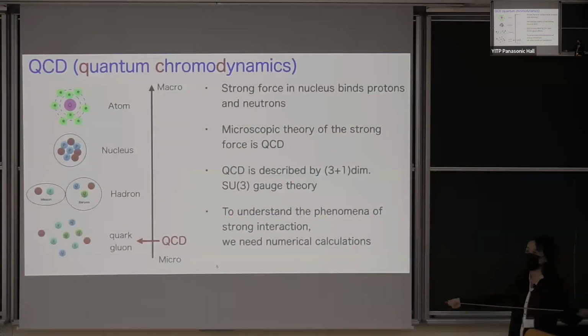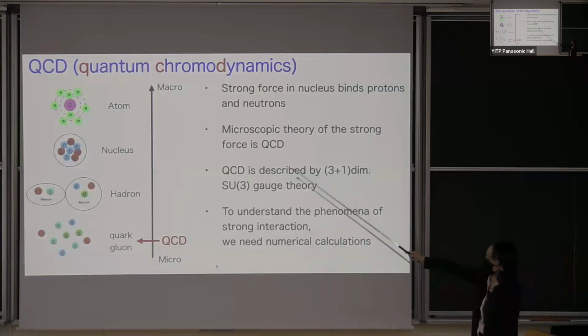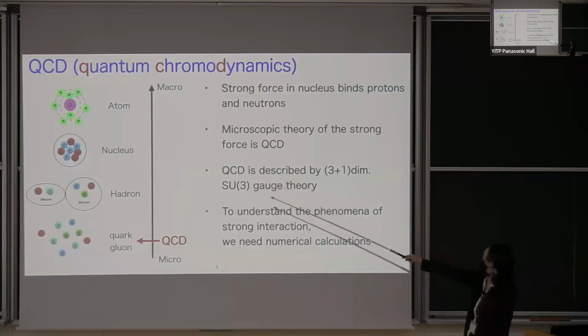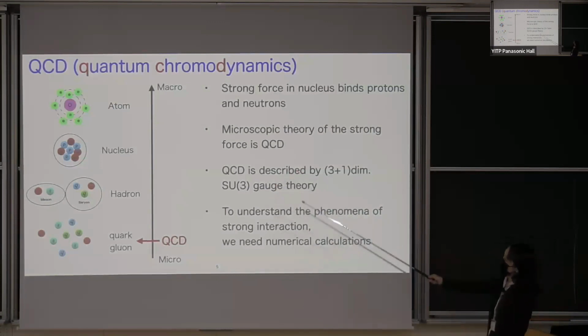What is QCD? The starting point is the atom, for the broad audience with different backgrounds. An atom has a hard core in the center, the nucleus, and the nucleus consists of protons and neutrons.